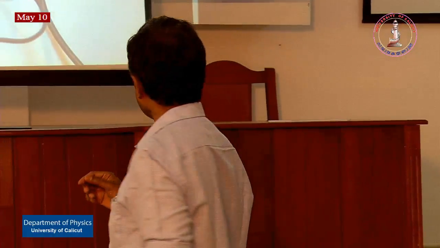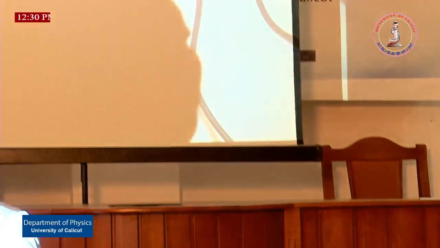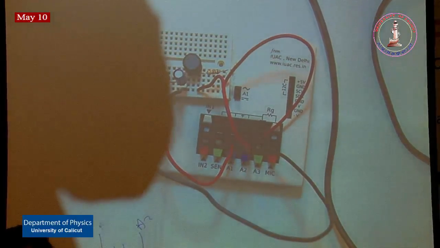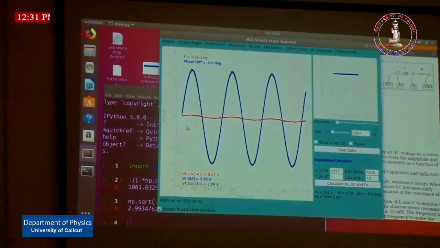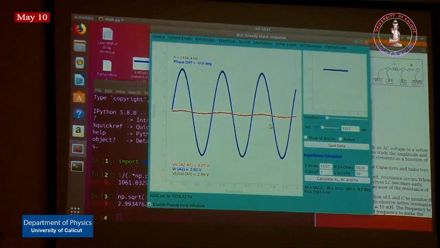Now you can see that red is the voltage across the LC. It is not exactly 0, a slight waviness is there because of the 20 ohm resistance. But how about the voltage across the inductor and across the capacitor? Just show that also. Show VC and VL.